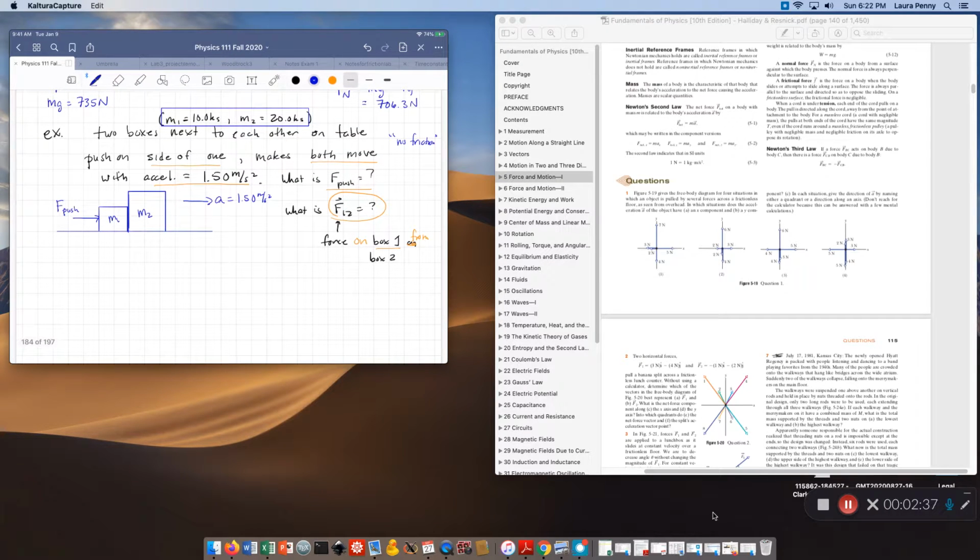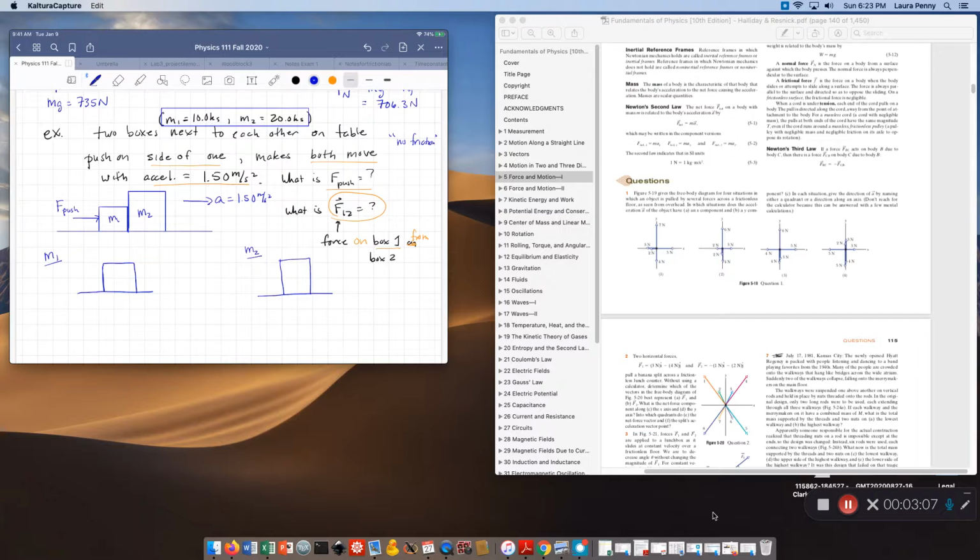Now what I'm going to do is draw separate boxes for both mass 1 and mass 2. So this is mass 1, and then mass 2 will be here. Even though they touch each other, I'm now going to draw them separately to get a better handle on what forces are on mass 1 and what forces are on mass 2.